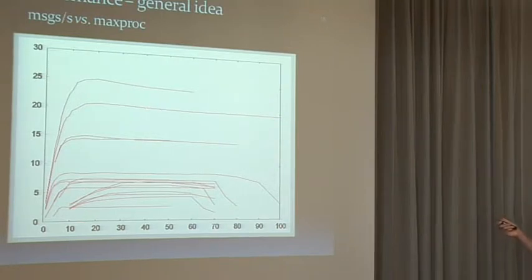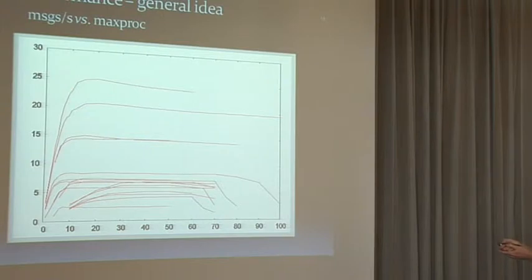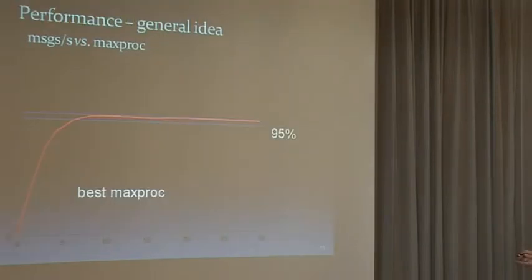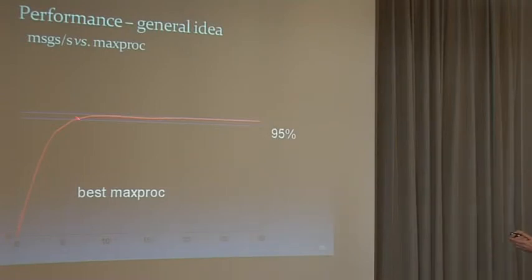You gain nothing, and if you push it too far, things start swapping, paging, and performance goes to hell. So the idea is to stay in this region, and where this region is depends very much on your hardware and on your configuration. The idea is to find some spot before the curve levels off, the sweet spot where we want to run our server.